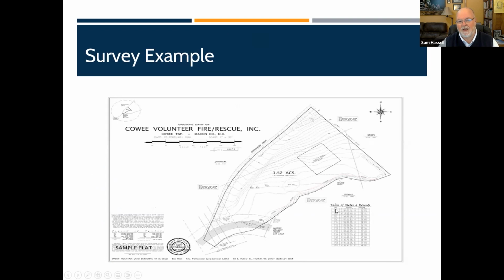This is a table of metes and bounds, and that's what they're doing here. Every time they change direction in the slightest way from a monument, they put in this table what direction they headed, how many feet it is till they changed again. Okay, so that would be where it is. Right? So if you want to go to Macon County, North Carolina, you could probably find where the volunteer fire and rescue is. And here's the layout.